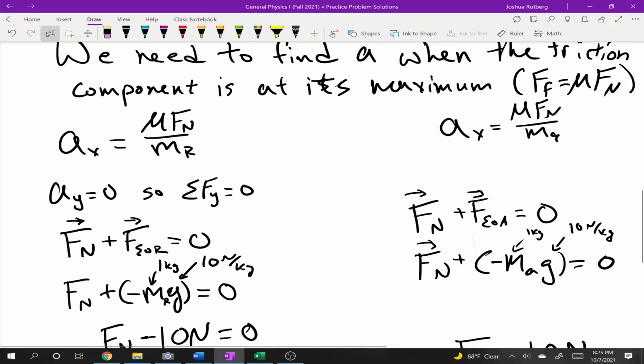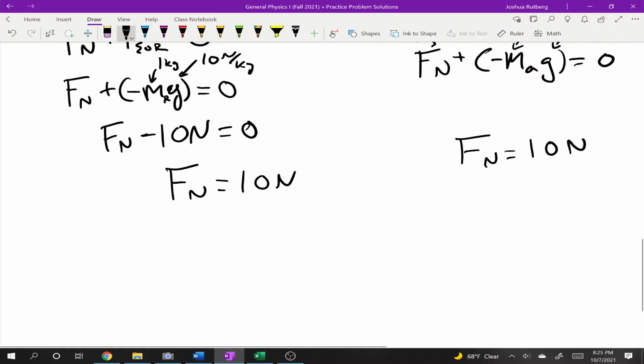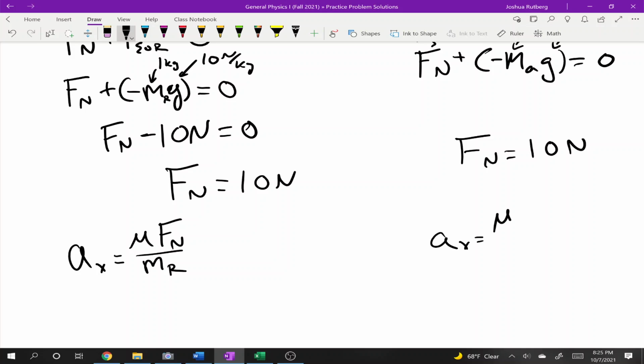So now I can plug this back in here. So the acceleration in the x direction is mu times the normal force. I'm just going to rewrite this so I don't forget. The rubber's a_x is equal to mu F_n over m.